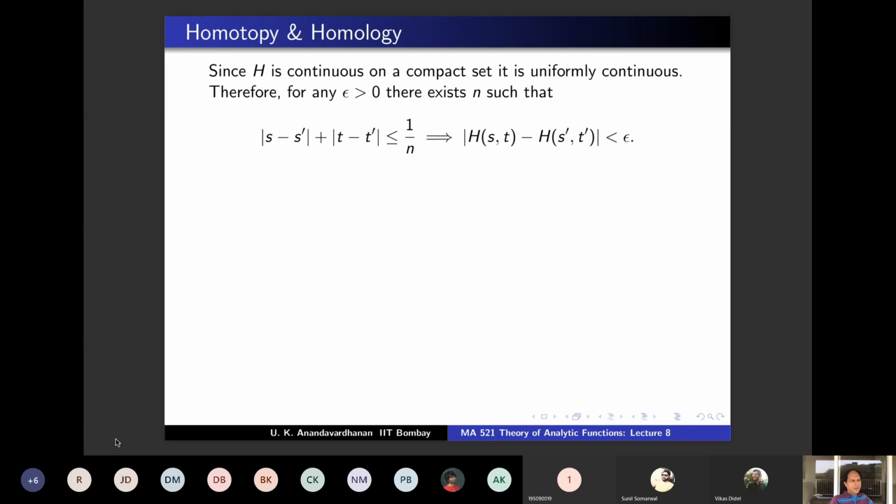So you want distance to be less than 1 by n implies this, but if this is less than or equal to 1 by n, then the usual distance between those 2 points is also less than or equal to 1 by n, right? Between s comma t and s prime comma t prime, the usual distance is less than or equal to this distance. Therefore, uniform continuity in particular will give you this.